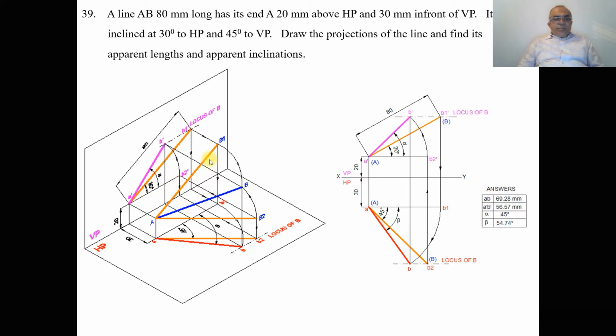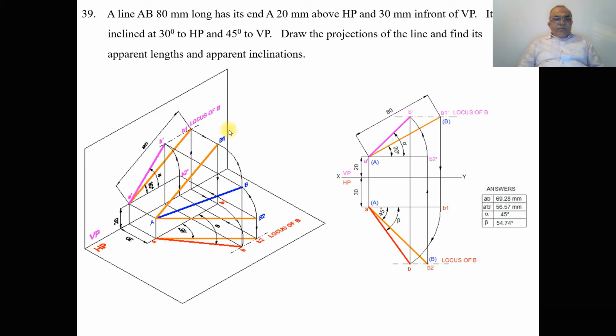So this is the three-dimensional line wherein you are going to get the line in space. And also it is inclined at 45 degrees to VP. When you look from the top view, we can see the distance of 80 mm, that is AB2, which is inclined at 45 degrees to VP. The inclination with respect to VP is seen in HP.